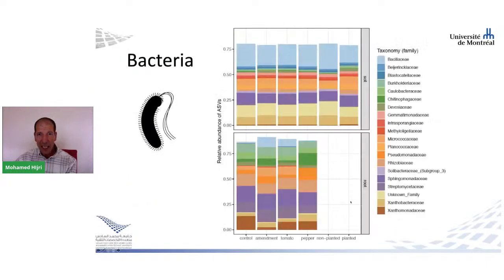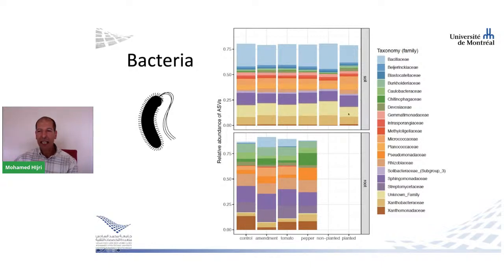In terms of richness or bacterial diversity, if we compare between controls and amended for tomato and for pepper, soil and roots, here it's just really an overview.